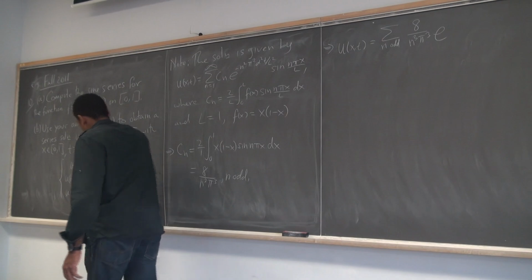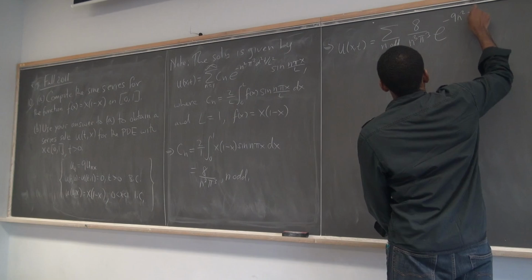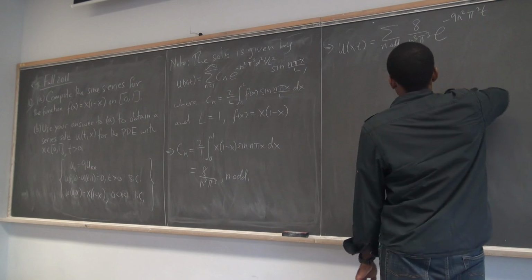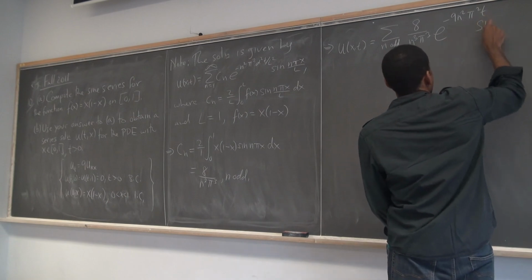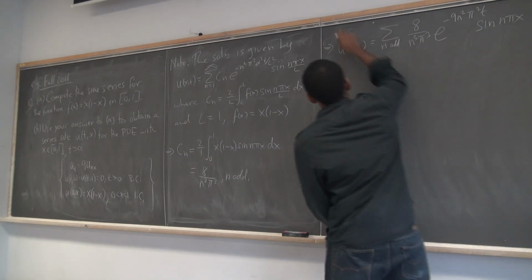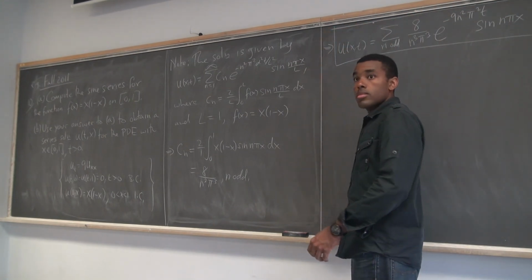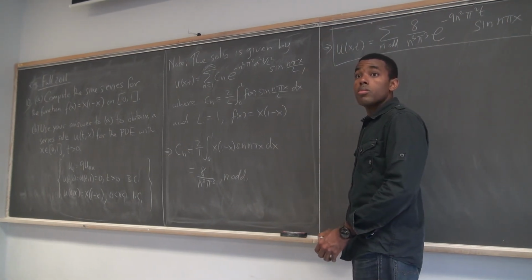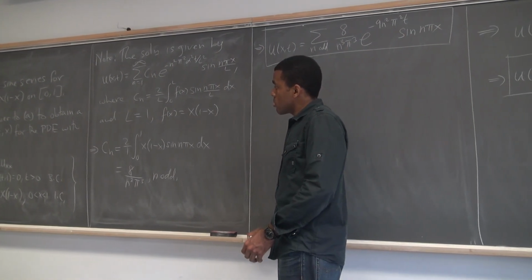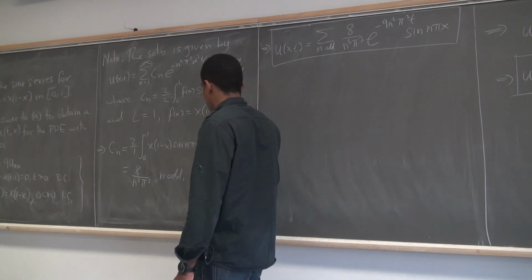It's whatever the coefficient of uxx is. So I'm going to have minus 9 n squared pi squared t over L squared, which is 1, and sine n pi x over L, which is just 1. So this was the solution to part A.